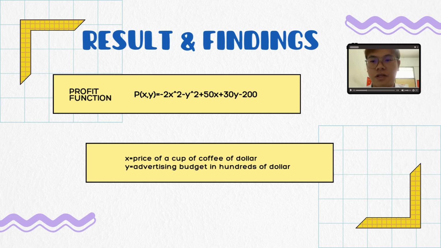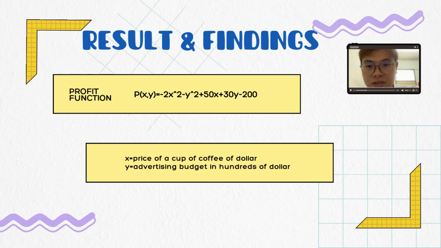The function given is P(x,y) = -2x² - y² + 50x + 30y - 200. This function accounts for the cost of advertising, the price elasticity of demand, and the fixed cost. Our task is to find the values of x and y that maximize the profits.